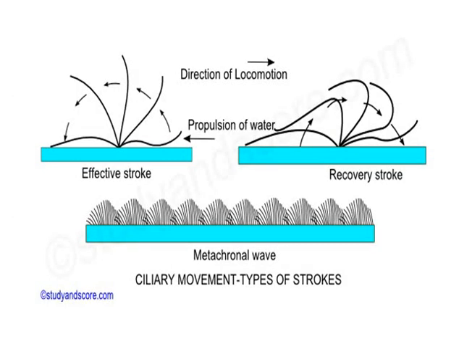So this is the ciliary movement, types of strokes, direction of locomotion. First, the effective stroke. The second one is the recovery stroke. The third part of the diagram shows the metachronal waves, the ciliary movement.